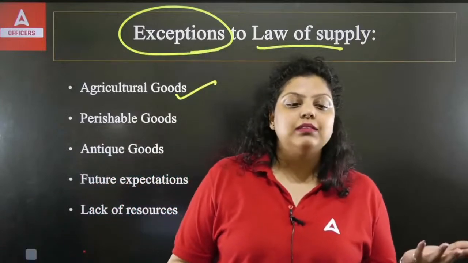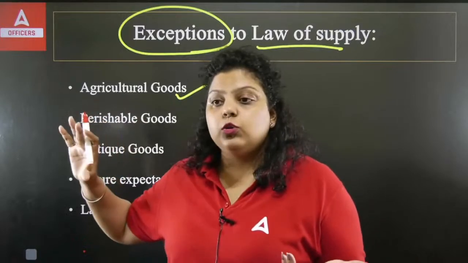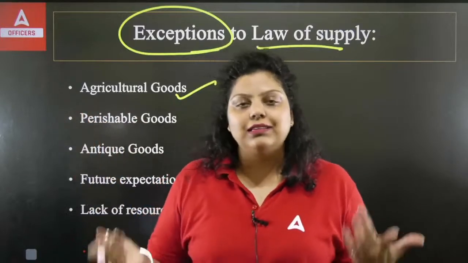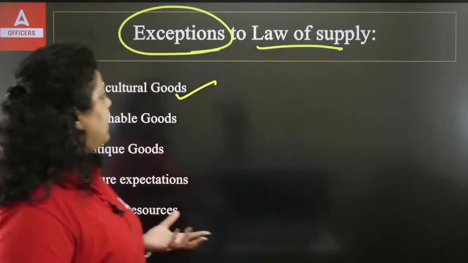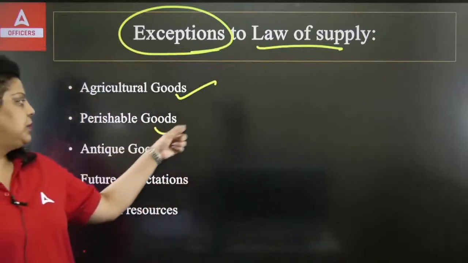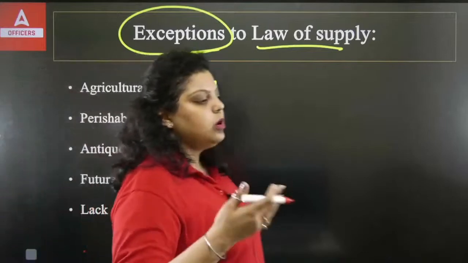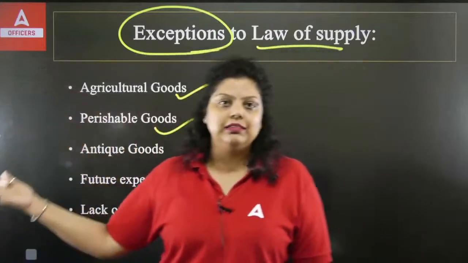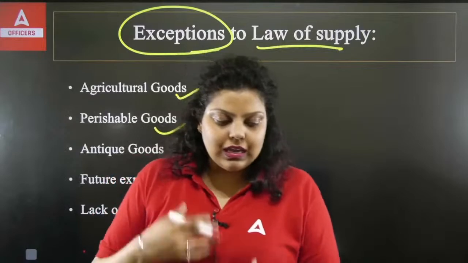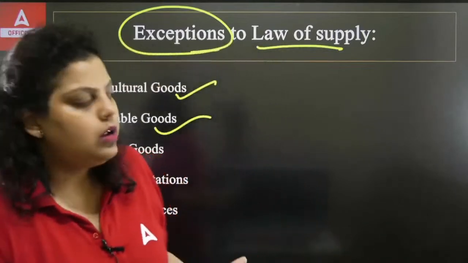It's not like if prices are increasing, you will be able to produce unlimited goods. No, those are natural resources. You can't do that. Then perishable goods, those goods which are not durable. These goods do not have a long existence in the market. They will easily vanish or perish.